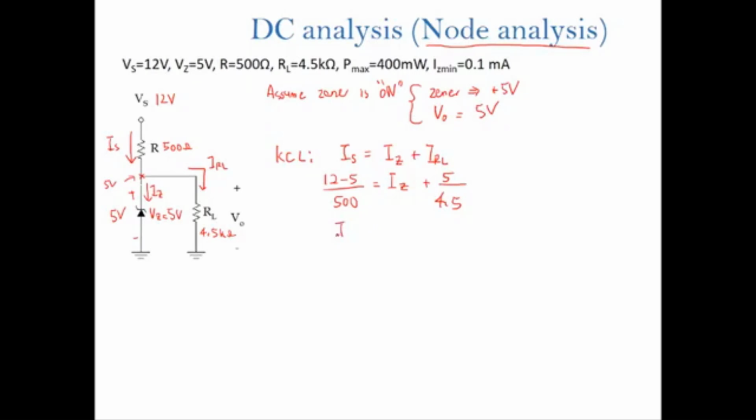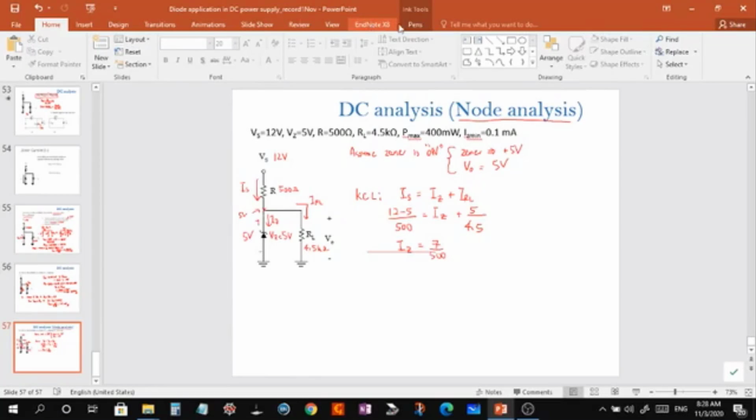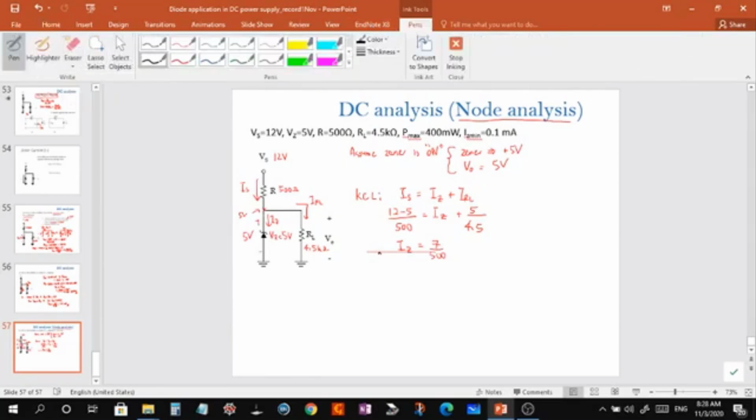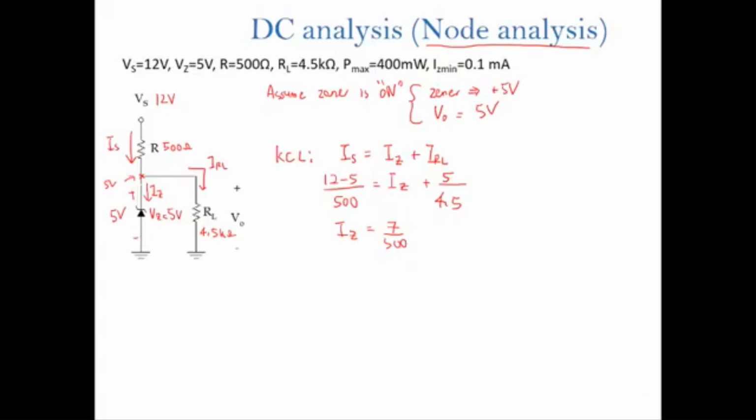So with that, you can get the value for IZ, which is equal to 12 minus 5, which is 7, 7 over 500, and then minus 5 over 4.5. Sorry, this is kilo. Let me calculate.